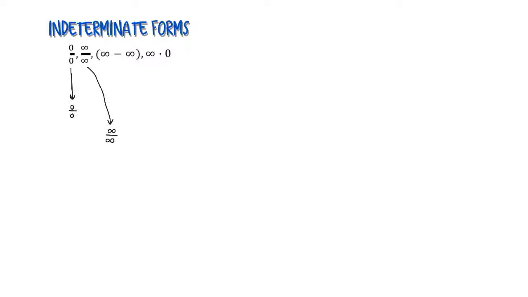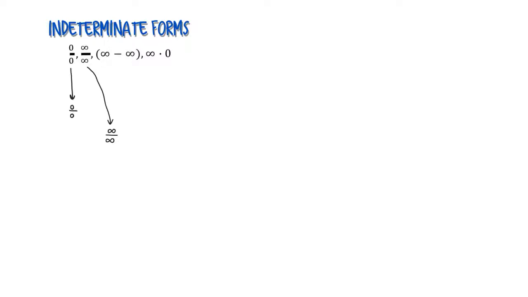Just because you have infinity over infinity, remember that you cannot treat infinity as a number. You cannot say that this is equal to 1, because that means that you will be canceling infinity over infinity and therefore treating infinity as a number. And infinity is a concept, it's not a number. It is just telling us about the infinite nature of a quantity.